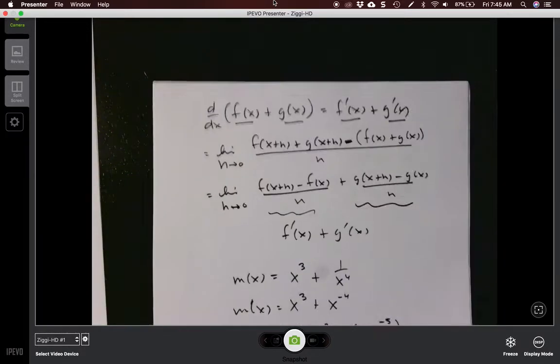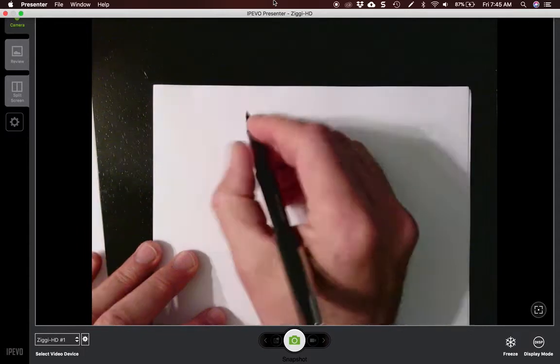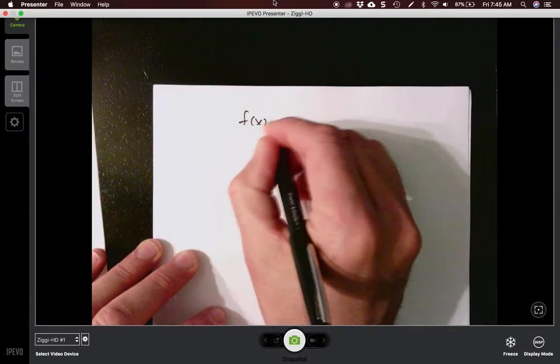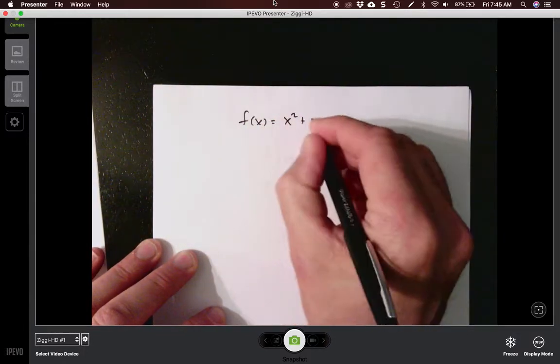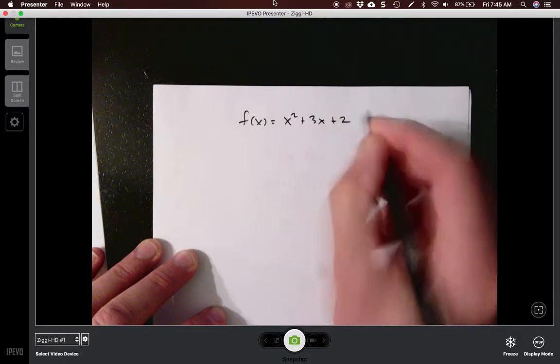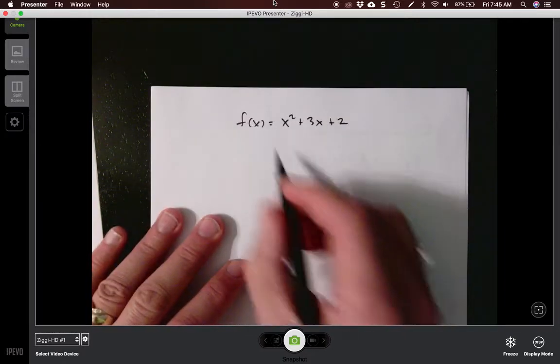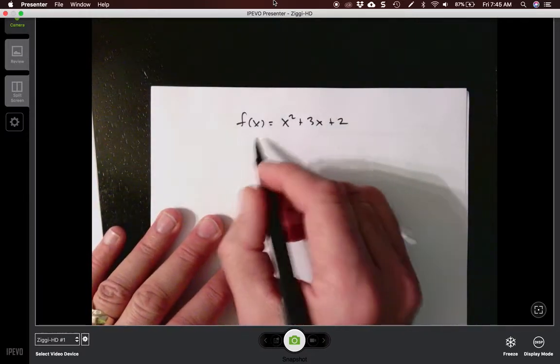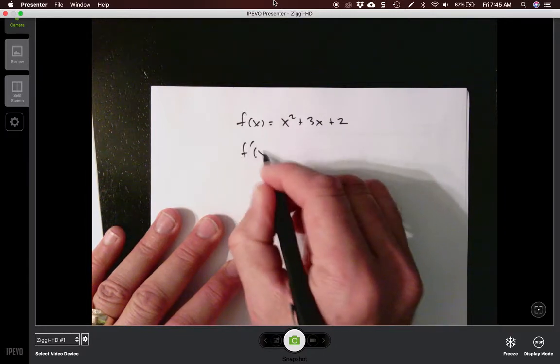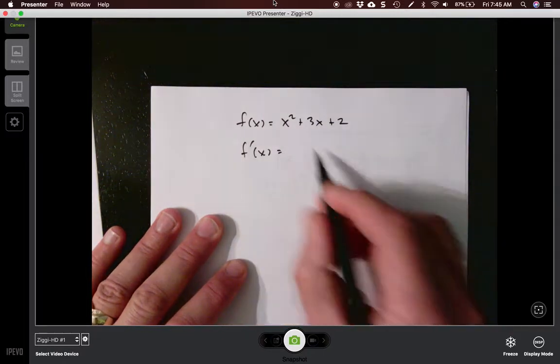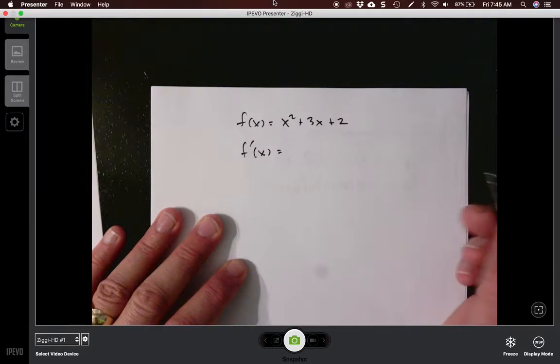So if we go back to the original problem that we looked at, it was: what is the derivative of x squared plus 3x plus 2? Okay, so find the derivative. This is just 3 functions added together.